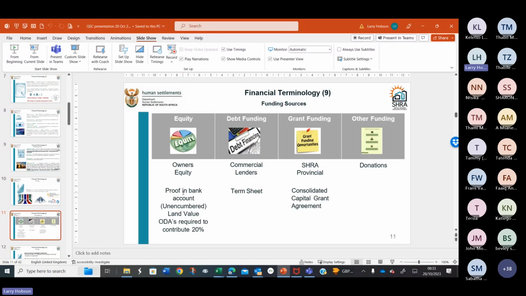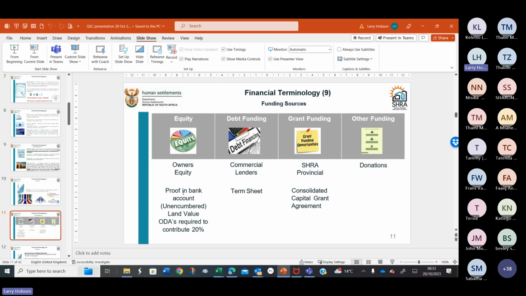That can be seen as equity, but you would then still have to show that land as an asset on the other side of your balance sheet. So if you were contributing a property of 10 million, you would have an asset of 10 million and owner's equity of 10 million.